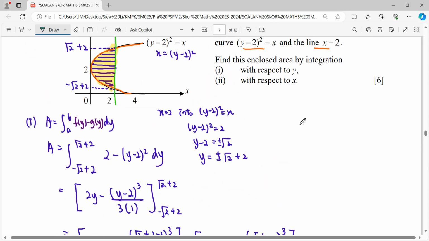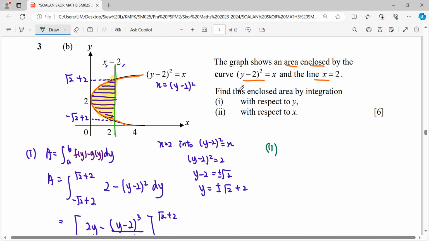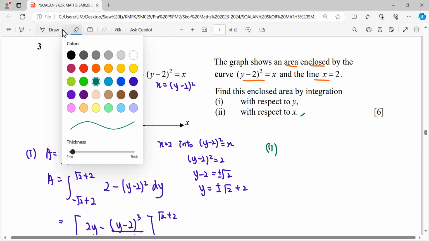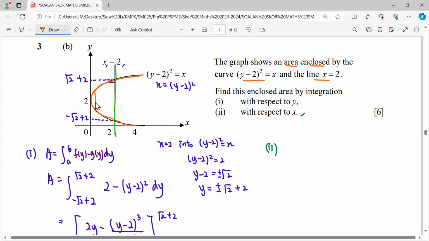Then we continue with part 2, where they ask to find the enclosed area by integration with respect to x. When we do it with respect to x, we need to observe this vertically.